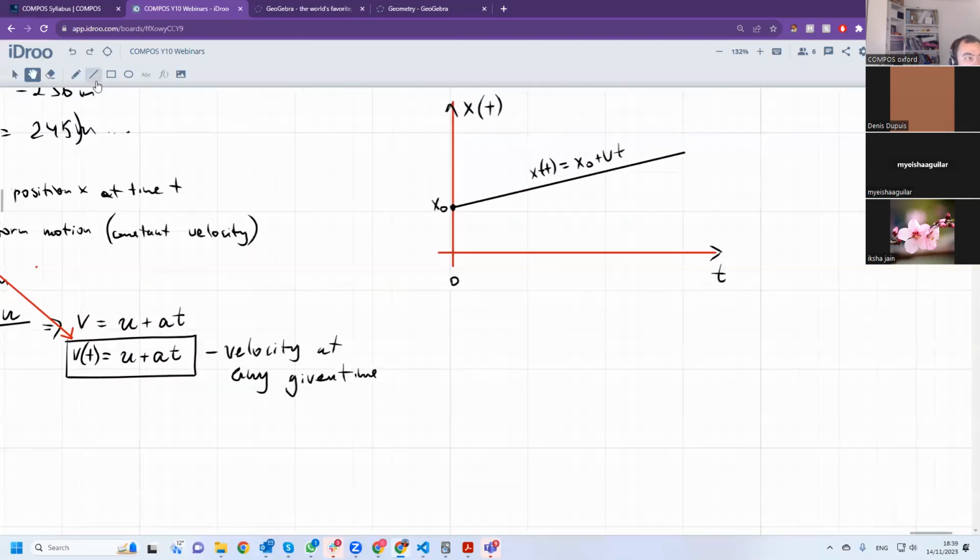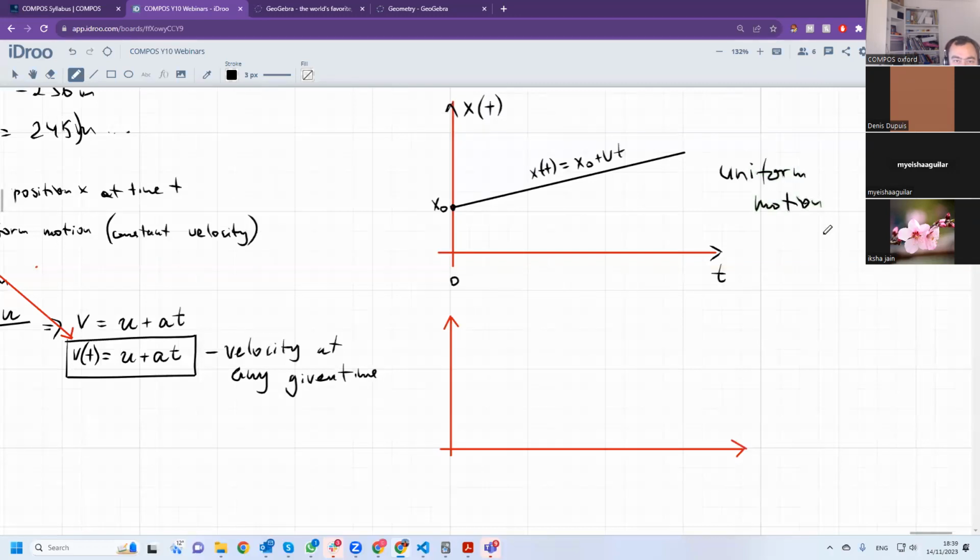Now, with uniformly accelerated motion, so this is uniform motion. This is uniformly accelerated motion.